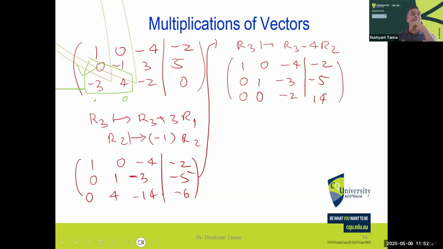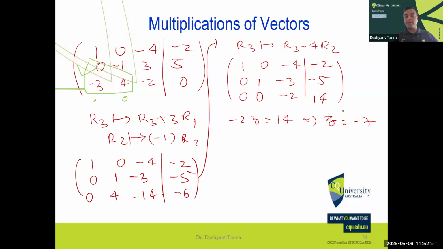And that's it. Once you reach at this step, the back substitution, right? So minus 2z is 14, leaving you z is minus 7. Make sure you are doing it correctly. If your z is wrong, your y and x will look horrible. Not just wrong, horrible. Okay? y minus 3z is minus 5.